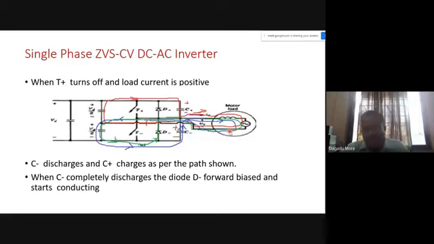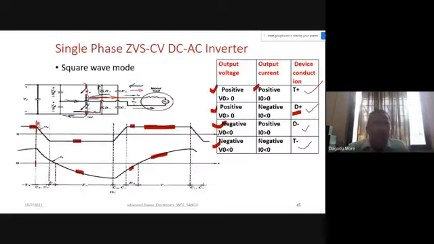So this is a transition where we have seen that when our voltage is changing from negative to positive to negative, during that period current will pass through C plus and C minus. And whenever our current is positive but voltage is negative and the upper capacitor is fully charged, then we have a path for D minus.